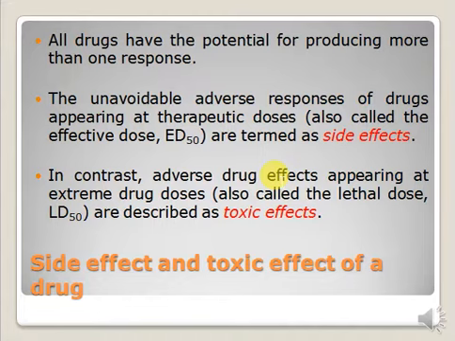While if you are taking the therapeutic dose, then the unavoidable responses of the drug are known as the side effects. These side effects may be adverse or they may be helpful. If the side effects are helpful, then we don't call them side effects, we call them secondary effects. So you should know about these three terms.